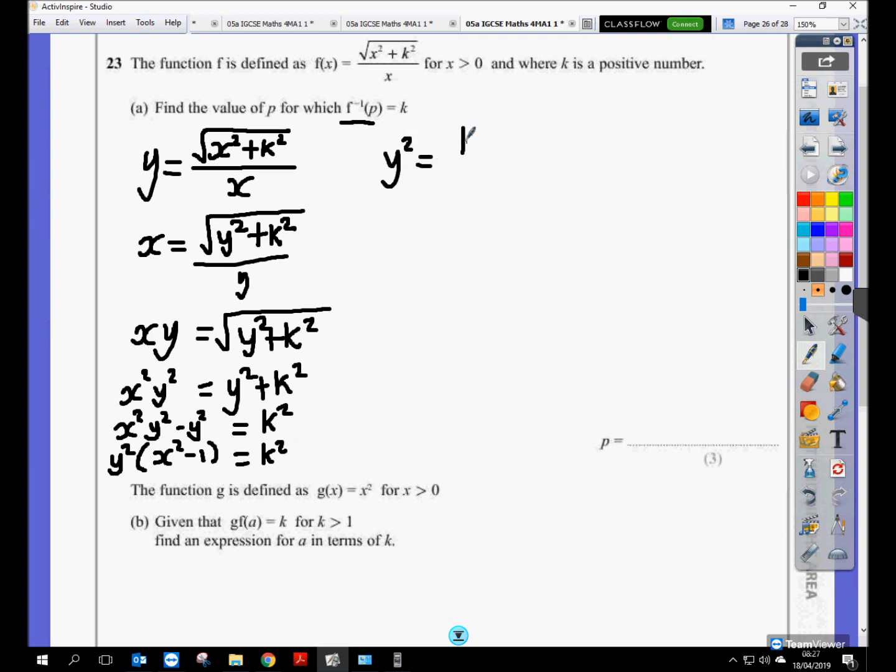Y squared is equal to k squared over x squared minus 1. And that's because they're times together here, so it becomes divided on the other side. And then, finally, y is equal to the square root of this. Square root of k squared over x squared minus 1.